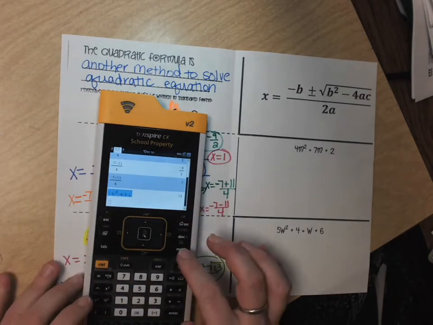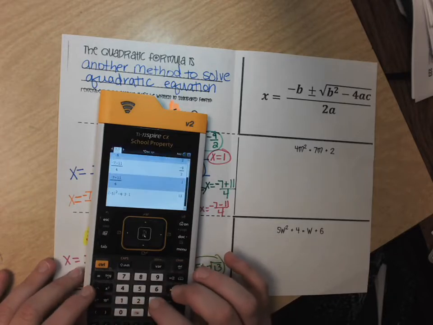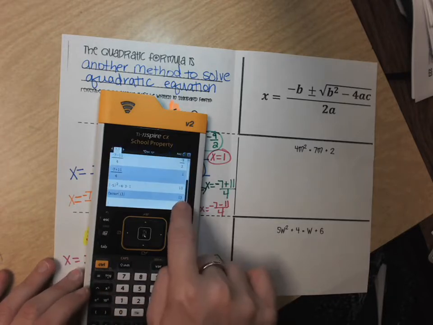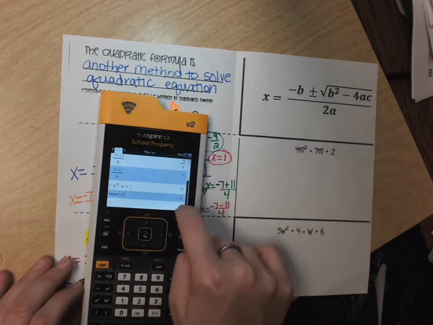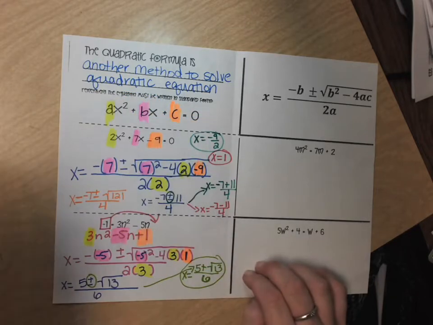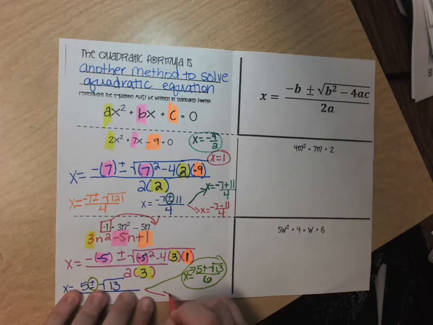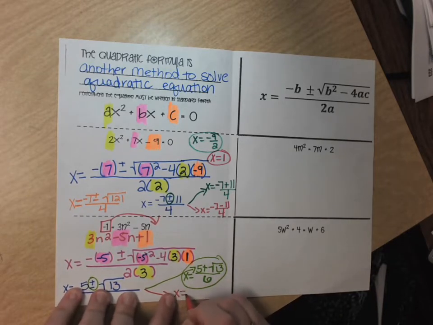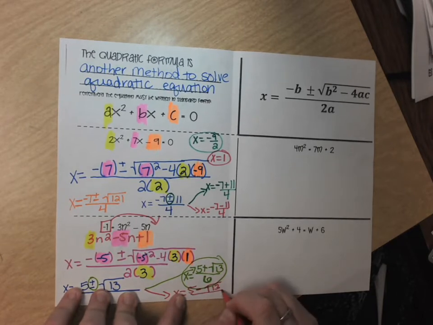If you're not sure, remember, go back, menu, number, factor, 13. It does not go any smaller. It's single. It doesn't have a partner. It can't go outside of the party. So it's going to stay a 13. We're going to do the same thing on the negative. x equals 5 minus square root of 13 over 6.